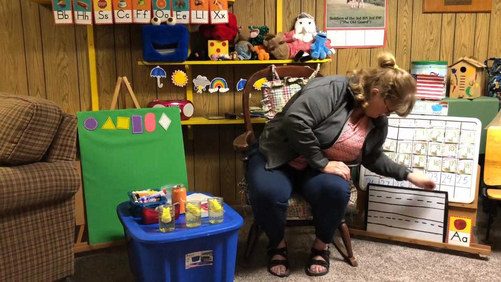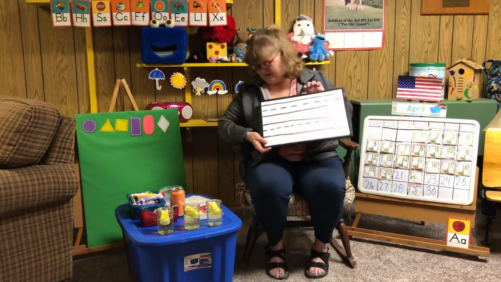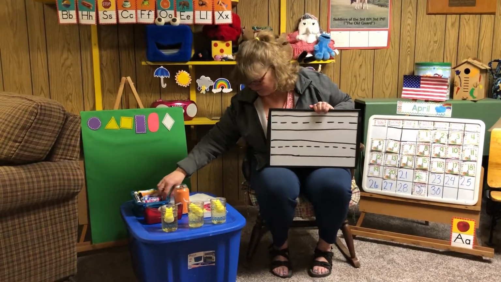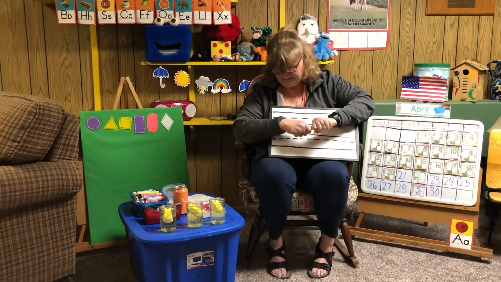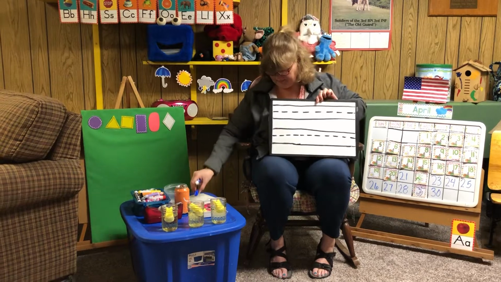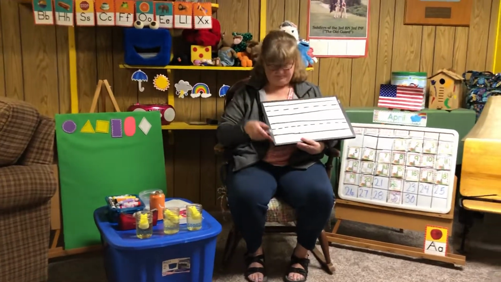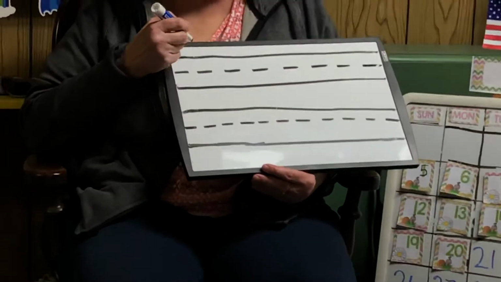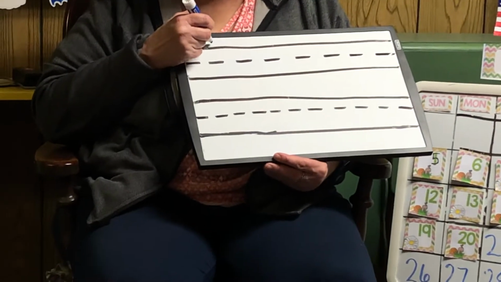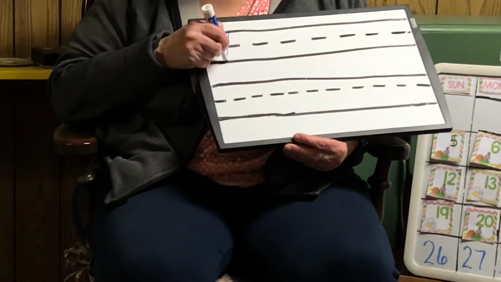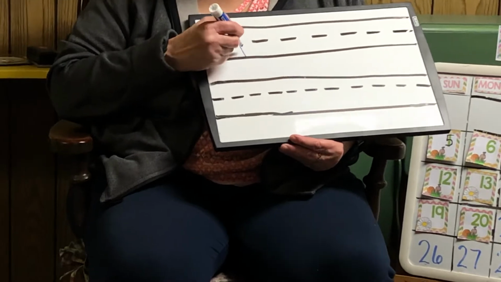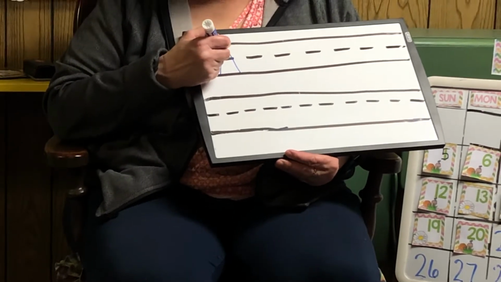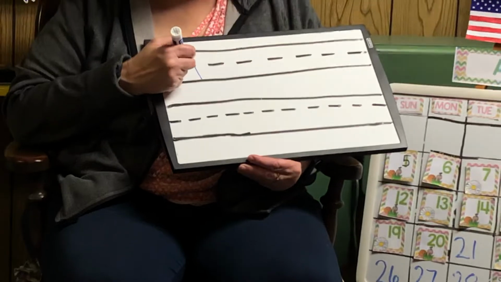Now, we're going to get out our practice sheet. Here we are. Start at your top line, and now you're going to go down. It's like you're sliding down a slide. So you slide down the slide that way, and go back to the top, and slide down the slide this way, and then you connect them like you're crossing the monkey bar.